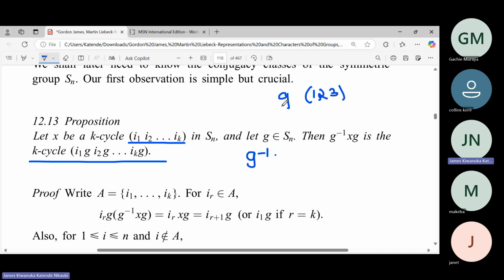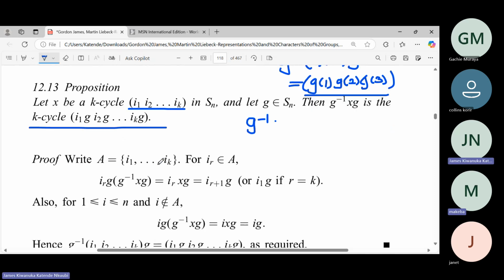If you conjugate it by g inverse and g, this turns out to be the same as (g(1) g(2) g(3)). So you still end up with a cycle of the same shape, and these will be the elements in the cycle. We did this in group theory, so you can refer to it.